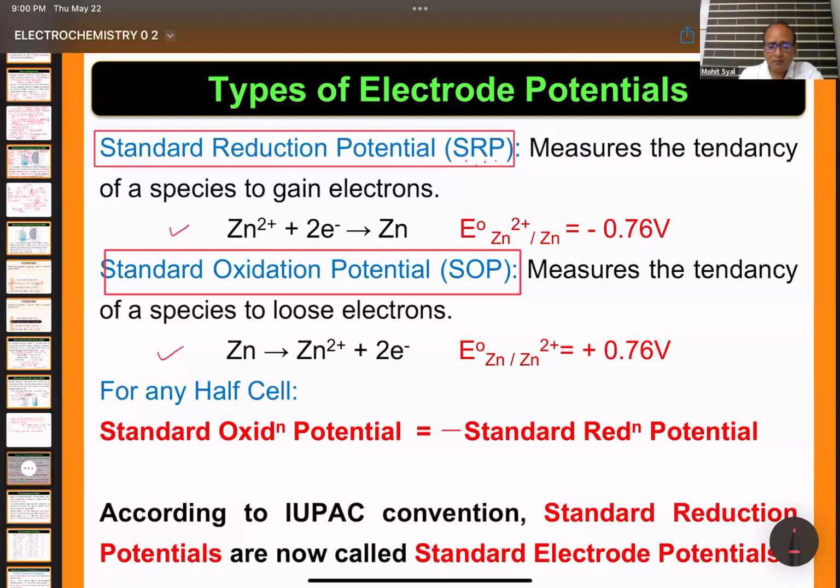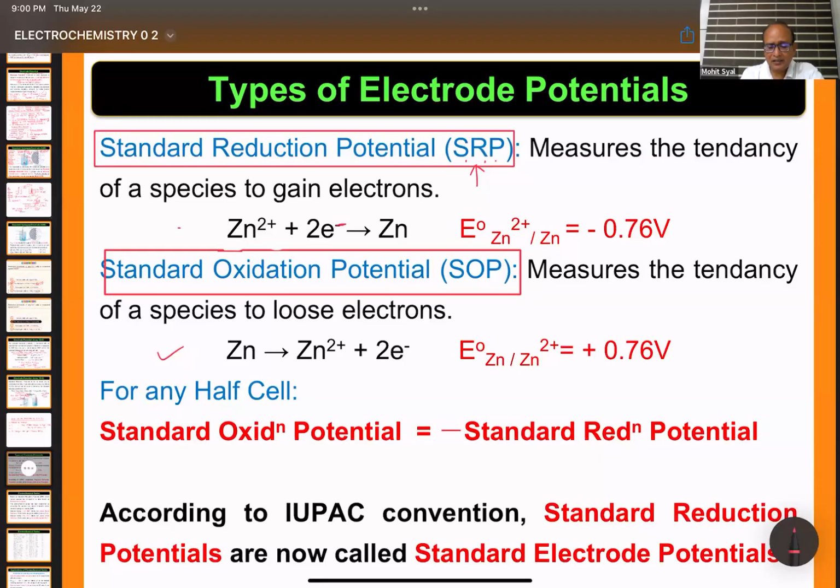Standard reduction potential represents the tendency of an ion to accept electrons. Are you getting my point? The tendency to accept electrons is measured by standard reduction potential.